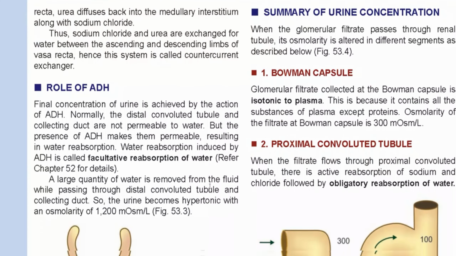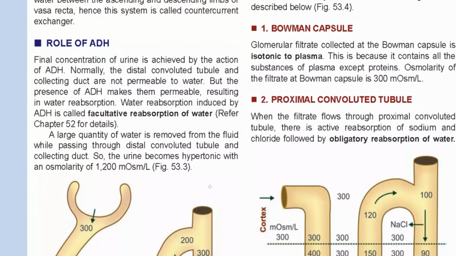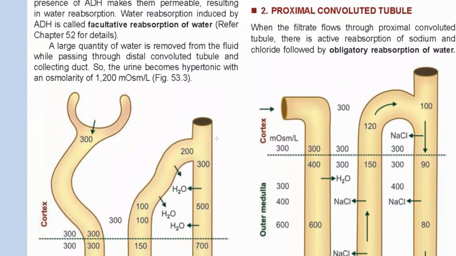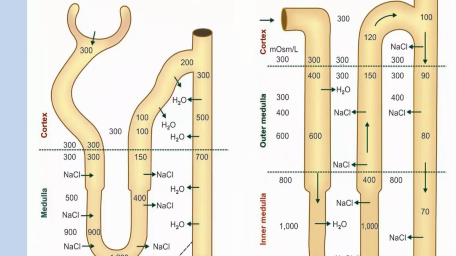Mainly we have discussed how the exchanger mechanism of the Vasa Recta acts, and secondly the role of ADH in maintaining the osmolarity gradient. This is the figure where you can easily see how urine is concentrated. This is the cortex portion, this is the outer medulla, and this is the inner medulla.